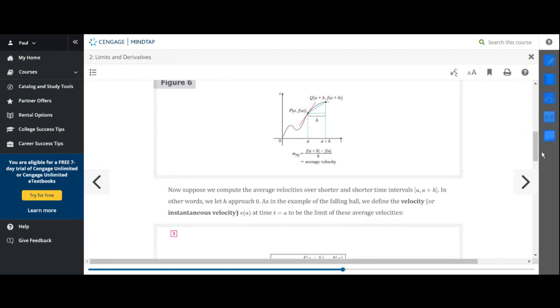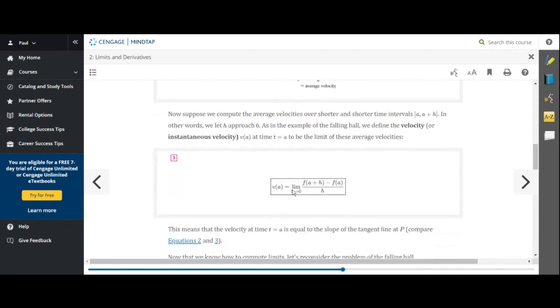So therefore, the instantaneous velocity has this definition: the limit as h approaches 0 of f of a plus h minus f of a over h. And the f function is your position function that describes the position of your object at time t. So that's what instantaneous velocity is.